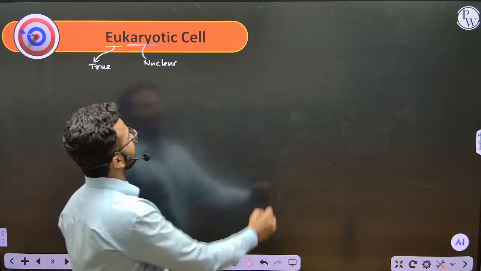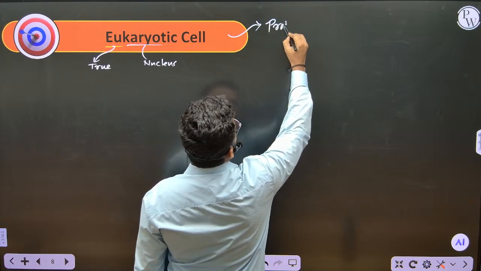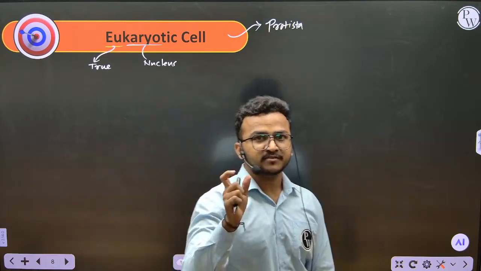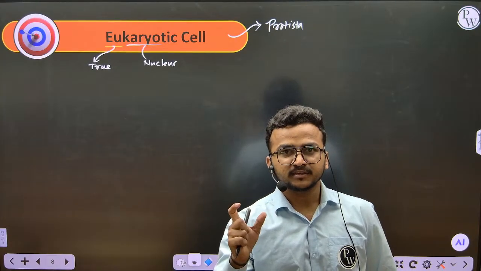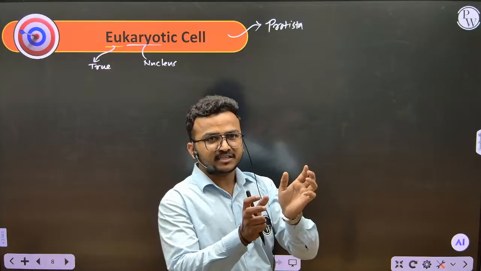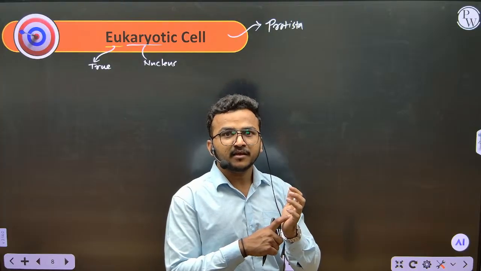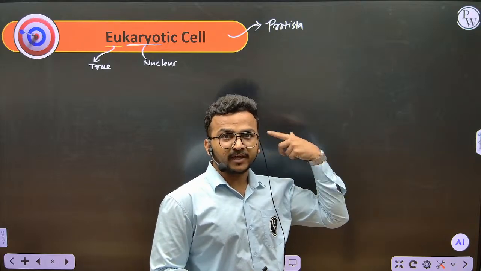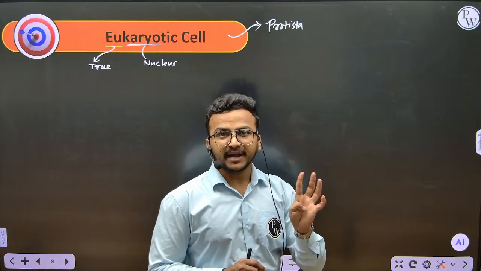So where do we see these eukaryotic cells? They are seen in protists. Protista is nothing but unicellular eukaryotic organisms. Unicellular means single cell. Single-celled eukaryotic organisms are placed under the group Protista. In the previous section we discussed the prokaryotic cell, which is seen in bacteria, the Monera kingdom.